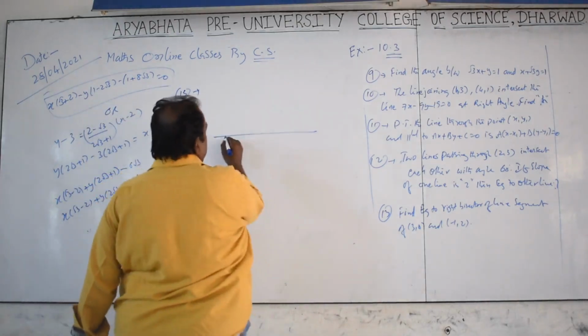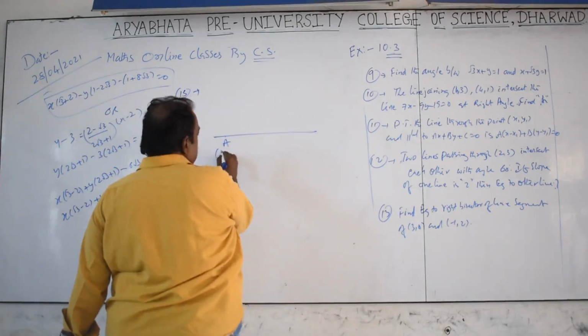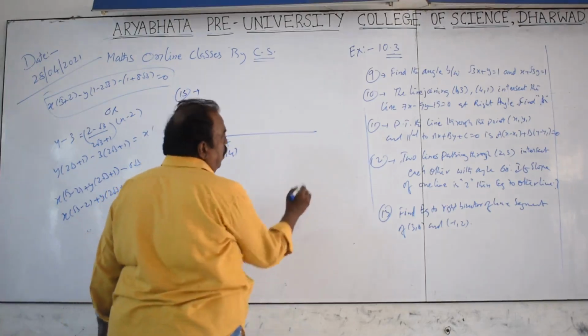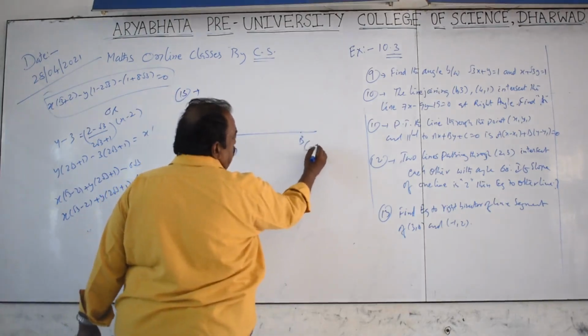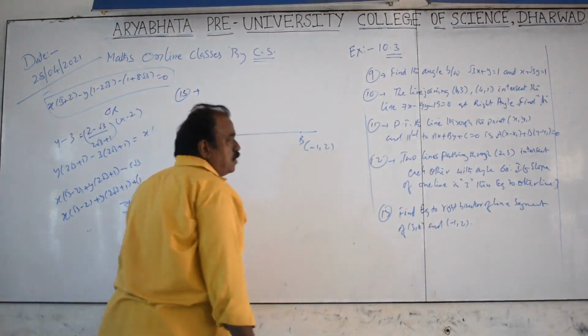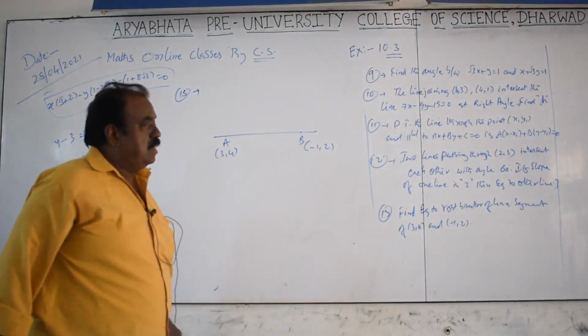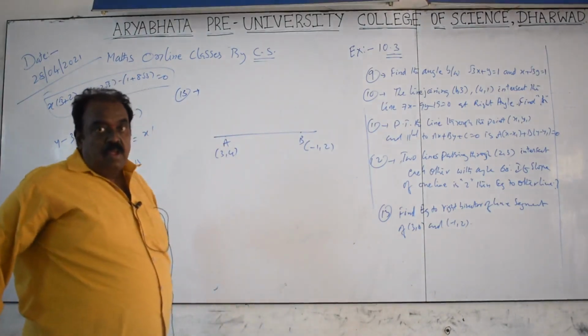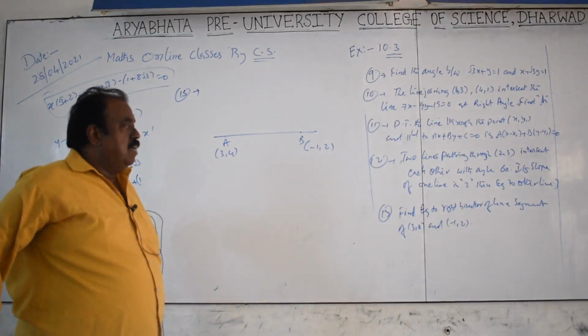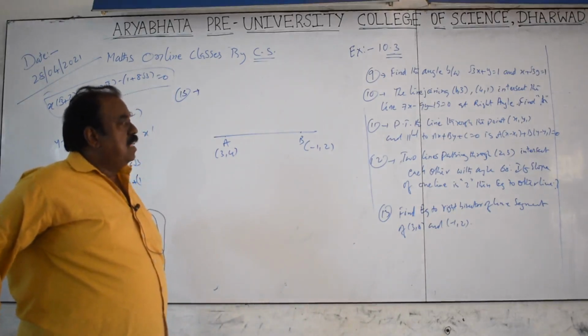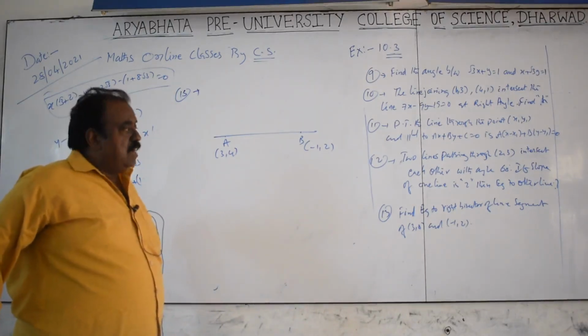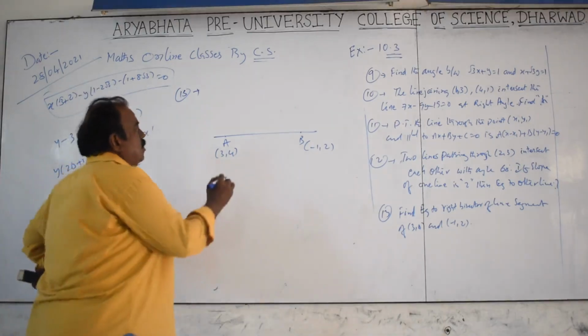There is a point A (3, 4) and B (minus 1, 2). It is a right bisector. Right bisector means angle bisector. I have to find the bisector of the line segment to this line.